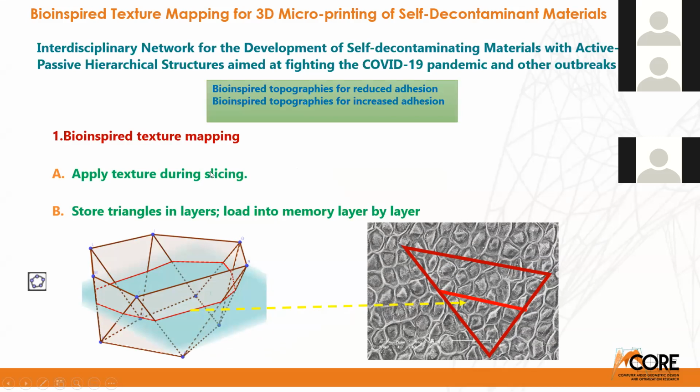So we have something like two ideas. One of them is to apply texture during slicing. This image shows what we are thinking of doing. We have this slicing of this layer of triangles, and then we do the intersection between a given triangle and the plane.